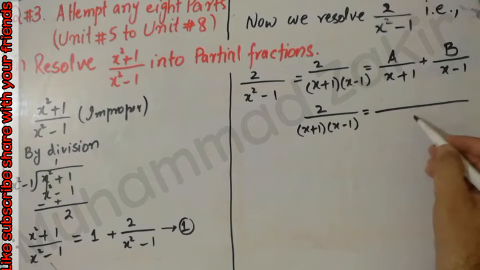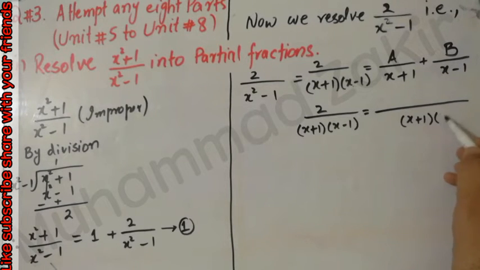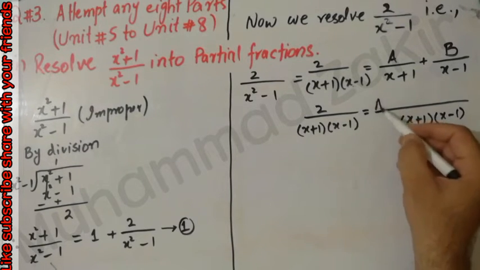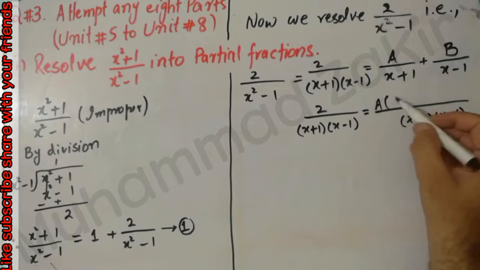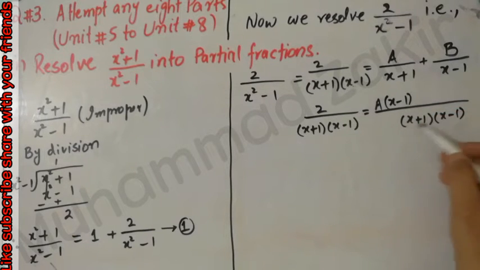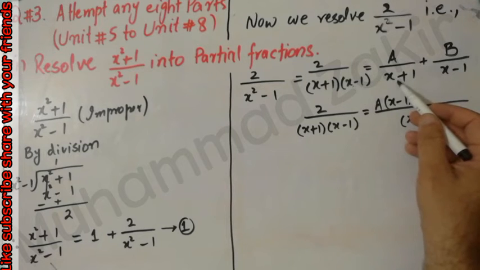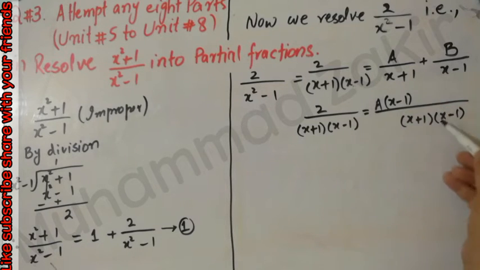The LCM is obviously (x plus 1)(x minus 1). The missing factor in the denominator will appear in the numerator. X minus 1 was missing here, compared with the LCM, so it appears with the numerator. Same thing here: the denominator is x minus 1, and x plus 1 is missing compared with the LCM, so that will appear with B. The basic LCM taking rule is followed.